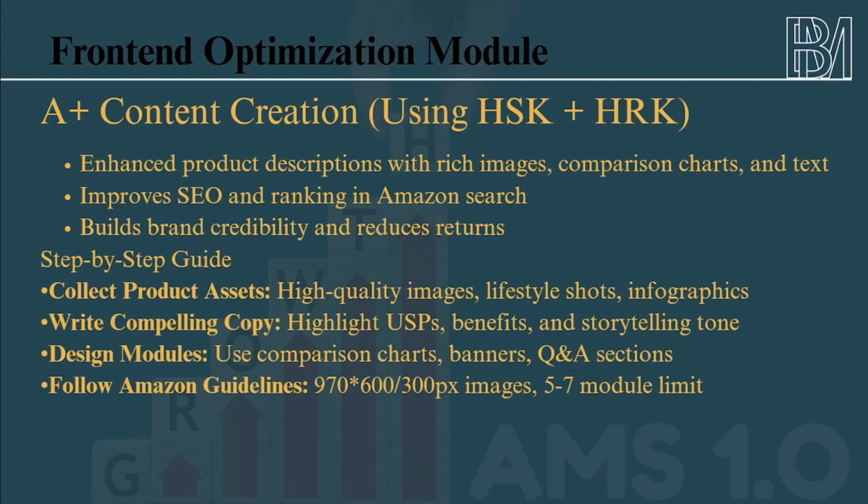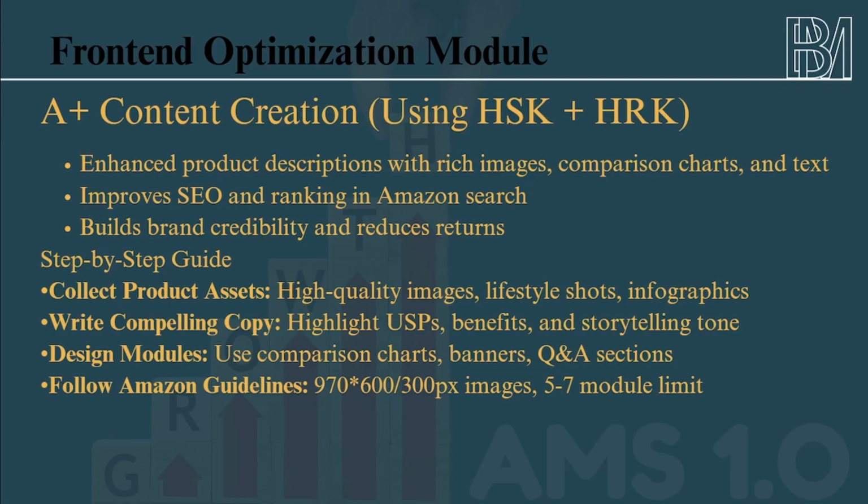I generally prefer 970 by 600 pixel and 970 by 300 pixel images for my A plus content. There are also minimum and maximum module limits. Only those who have brand registration can file A plus content.